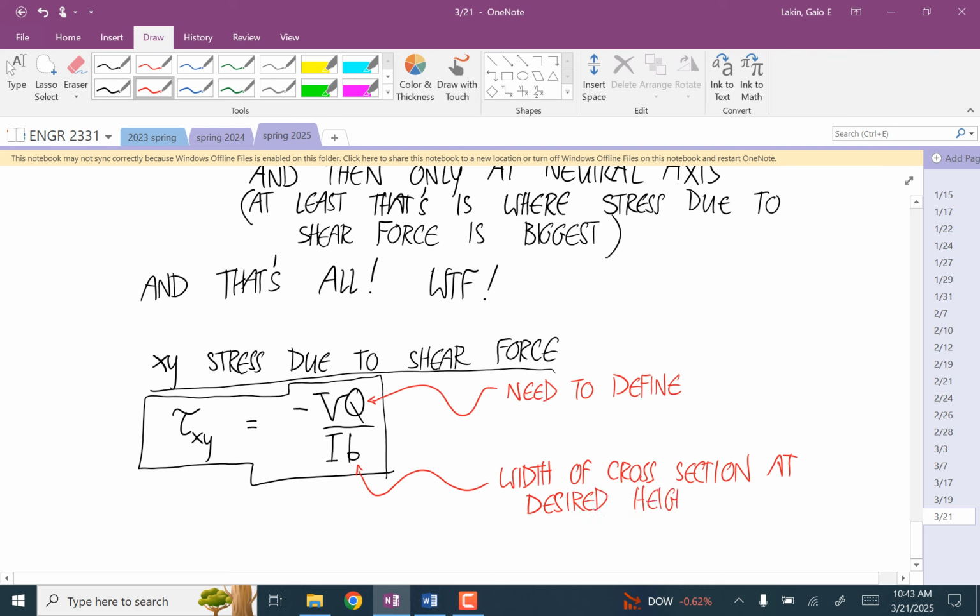So I'm going to represent that like this. That's the centroid of this area.